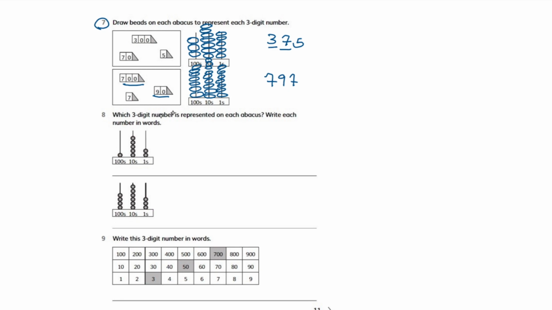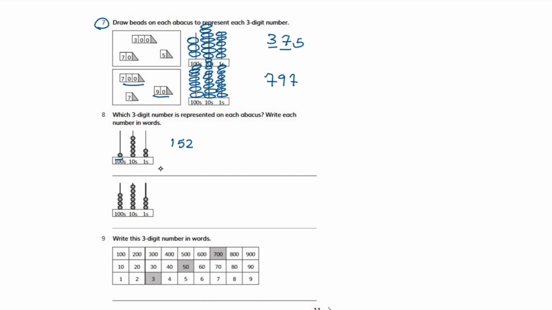We move to question number 8. It says, which 3-digit number is represented on each abacus? Write each number in words. As we have 1 in the hundreds place, 5 in the tens place and 2 in the ones place, the number will be 152.